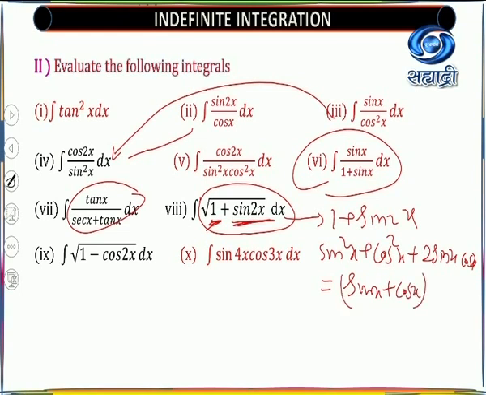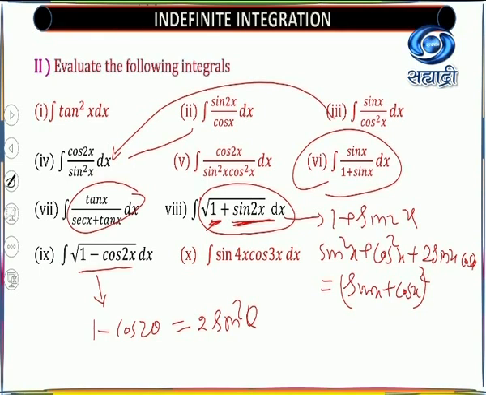And once you know this is a bracket square, the root sign will vanish and you will immediately get your integration. Here also, the formula 1 minus cos 2 theta is used. 1 minus cos 2 theta is equal to 2 sin square theta, and from that it's easy to find out the values. Okay, so immediately this will be simplified.